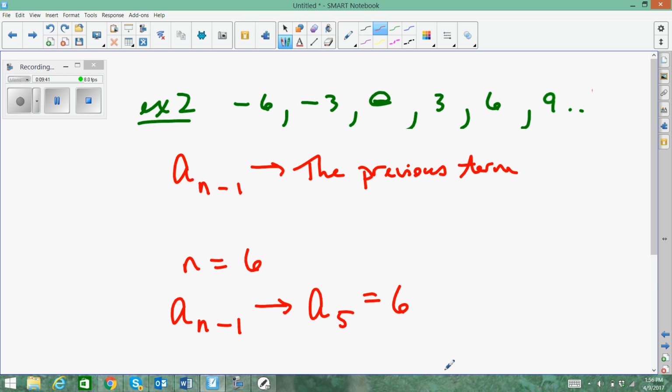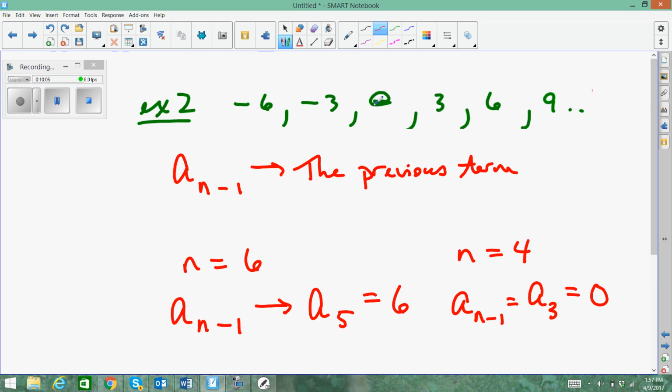Well, that's kind of confusing because I said n is 6. Let's try another example. Let's say that n equals 4, then a sub n minus 1 means that we're looking for a sub 3, and in this case, a sub 3 is 0. Okay? So a sub n minus 1 means the previous term.